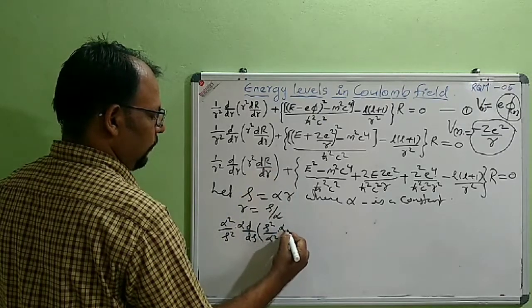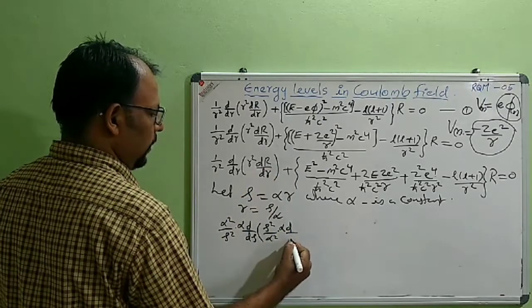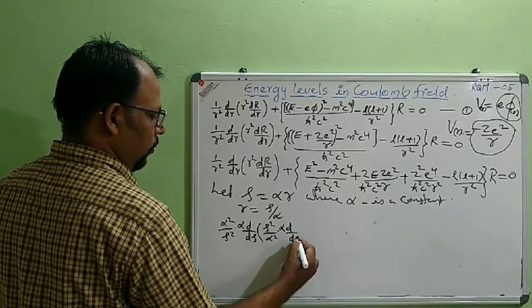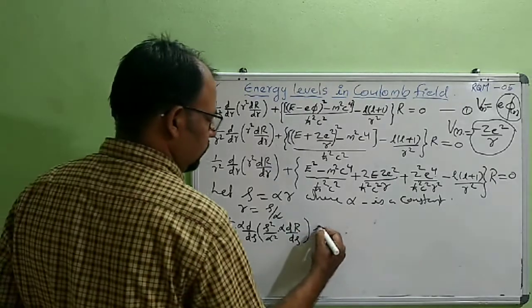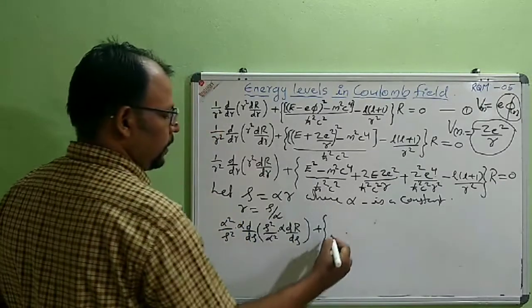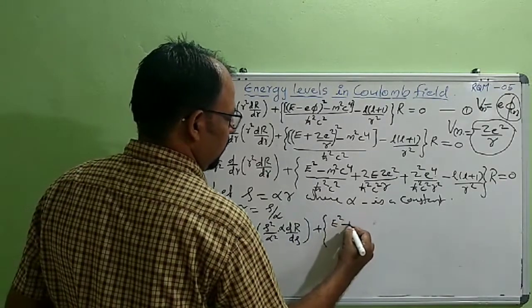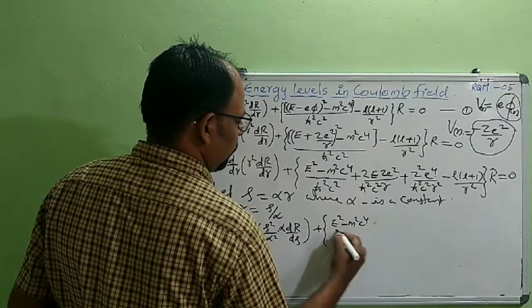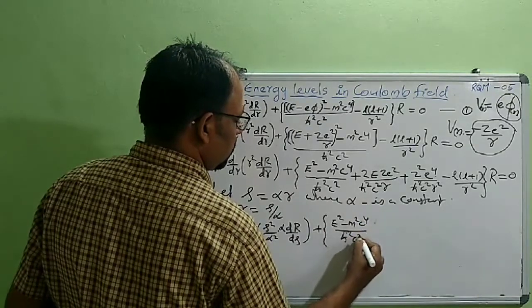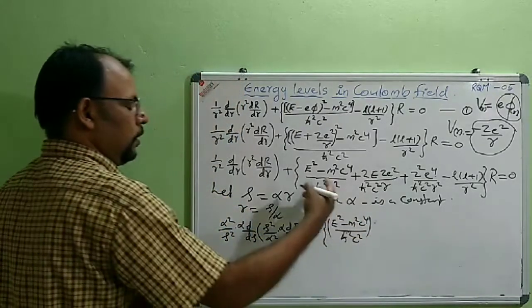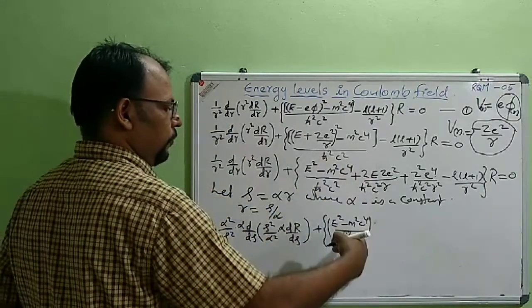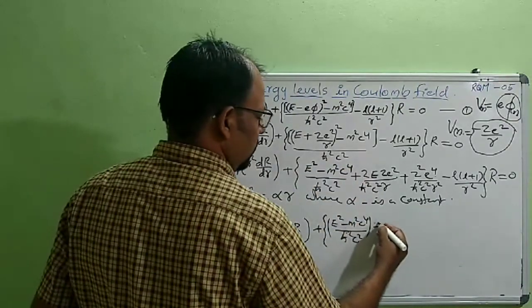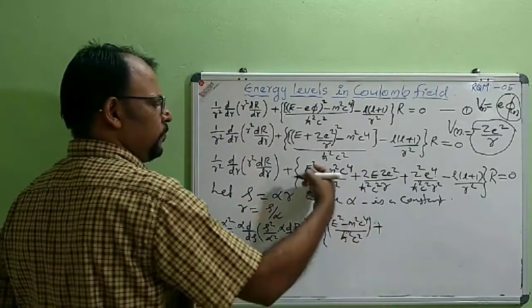So r² is ρ²/α², and the derivative term is α d/dρ of the radial function, plus here it will be E² minus m²c⁴/(ħ²c²). Here no term contains r, so it will be the same as this one.